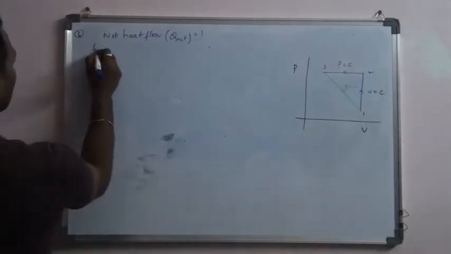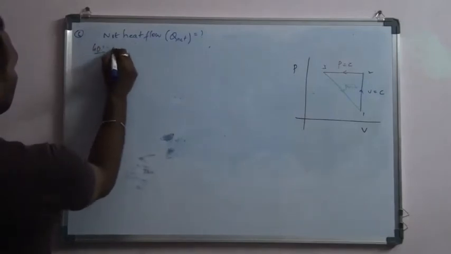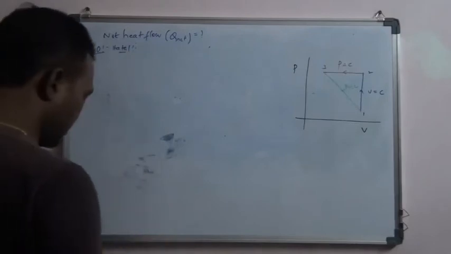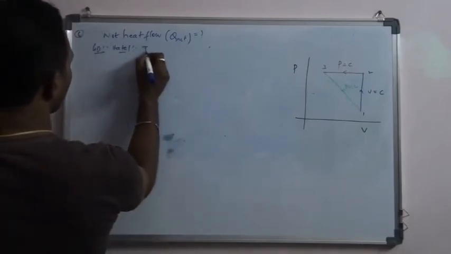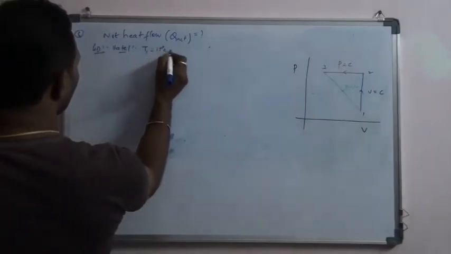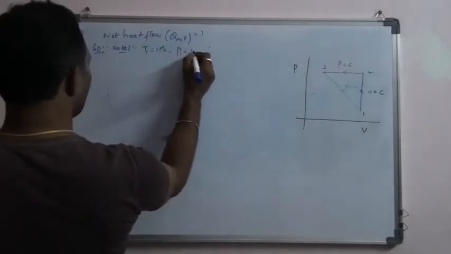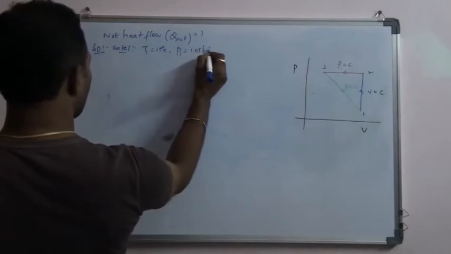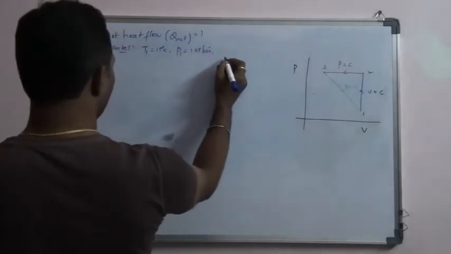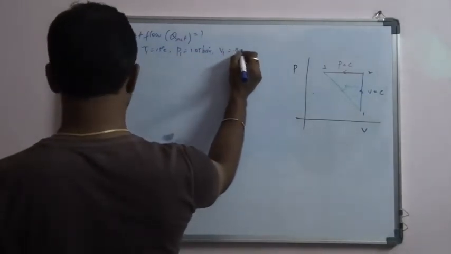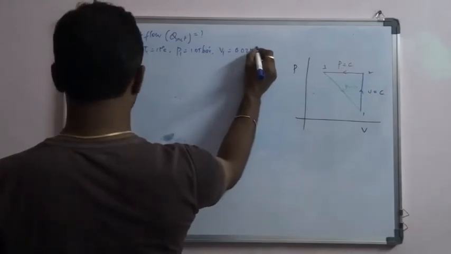So what is the given data? Let us write it down. At state 1, the temperature is 15 degrees centigrade, the pressure is 1.05 bar, and V1 is 0.02 meter cube.